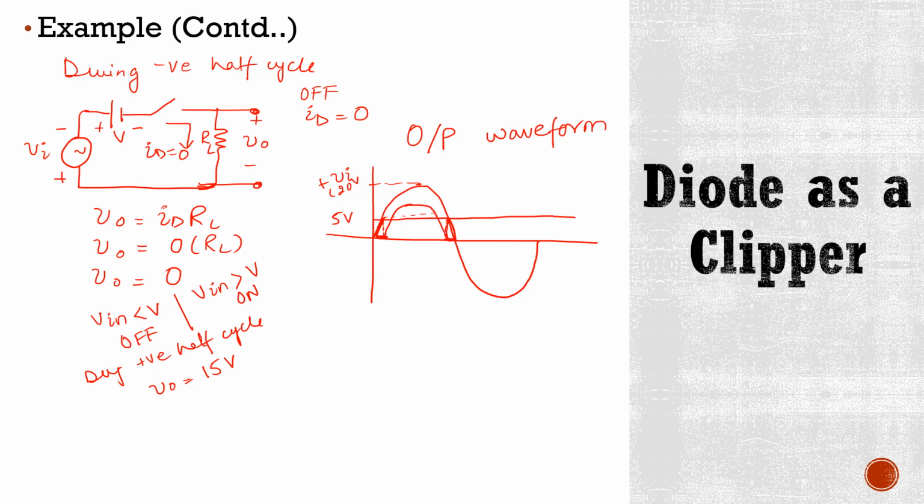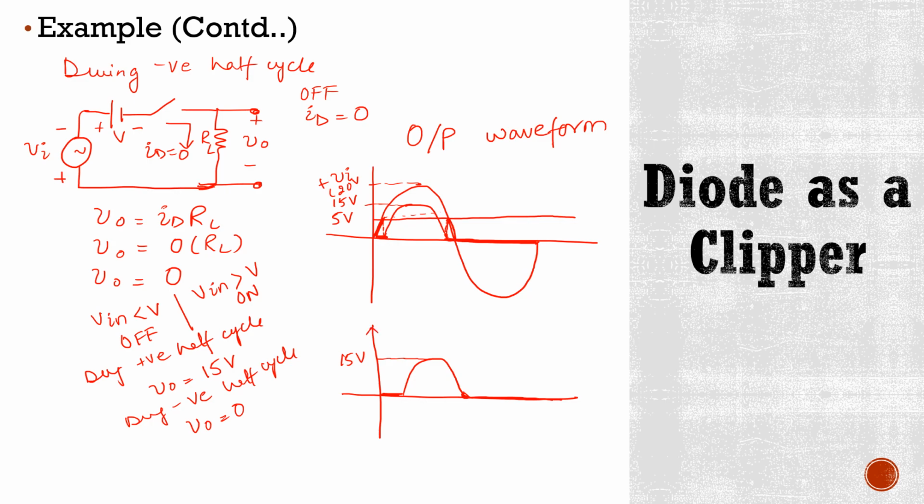Now this amplitude is 15 volts. And we know that during negative half cycle V naught is 0. So this is drawn like this. Now if you draw this output waveform separately, it is like this. So this amplitude is 15 volts.